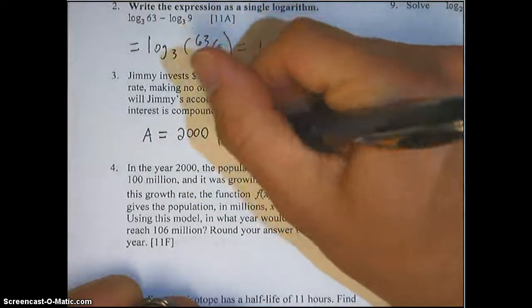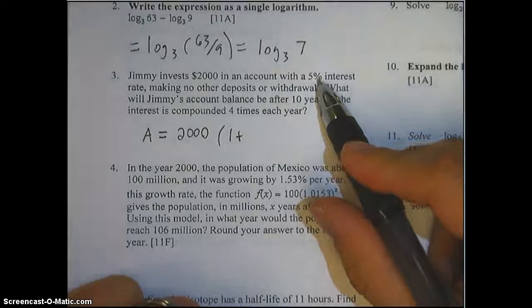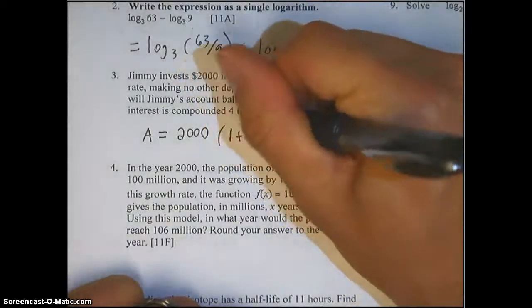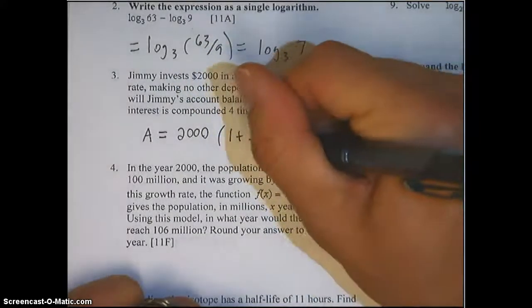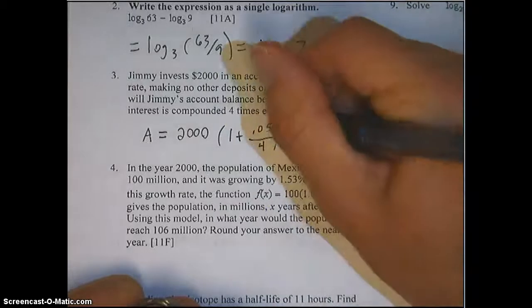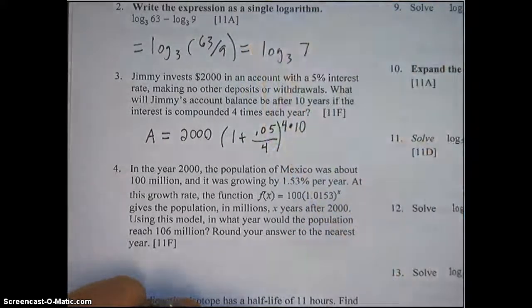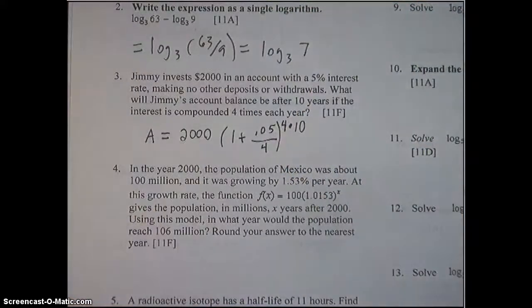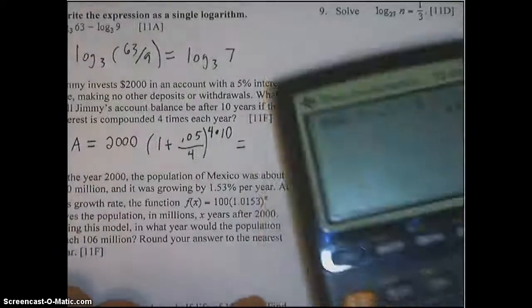And it's compounding, so it's going to be 1 plus the interest rate divided by 100, which is 0.05. And it's compounded 4 times each year, so I'm going to divide that by 4. And then up here I'm going to do that same 4 times, it's going to be 10 years. So this is another calculator work question. So let me show you how to type all that into the calculator.